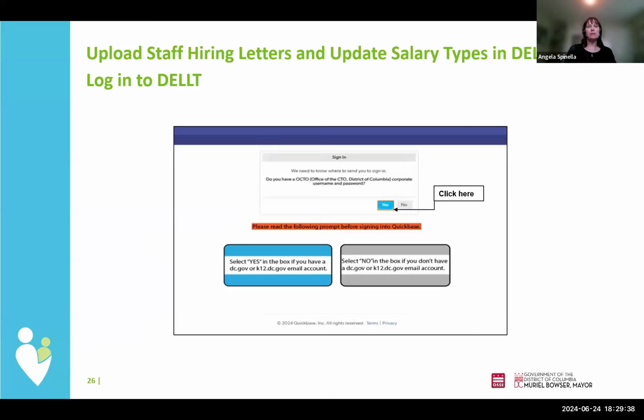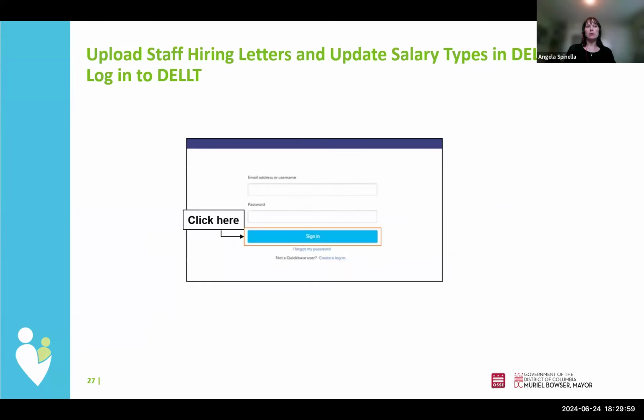You will first need to navigate to the DELT homepage. Next, you will need to log into your provider profile in DELT. You will click on No if you do not have a DCGov or K12.DCGov email account.